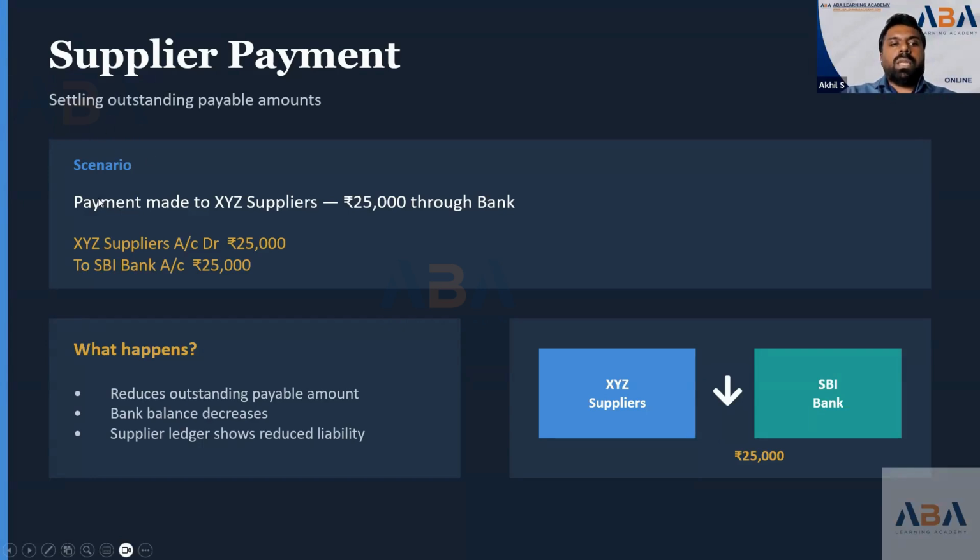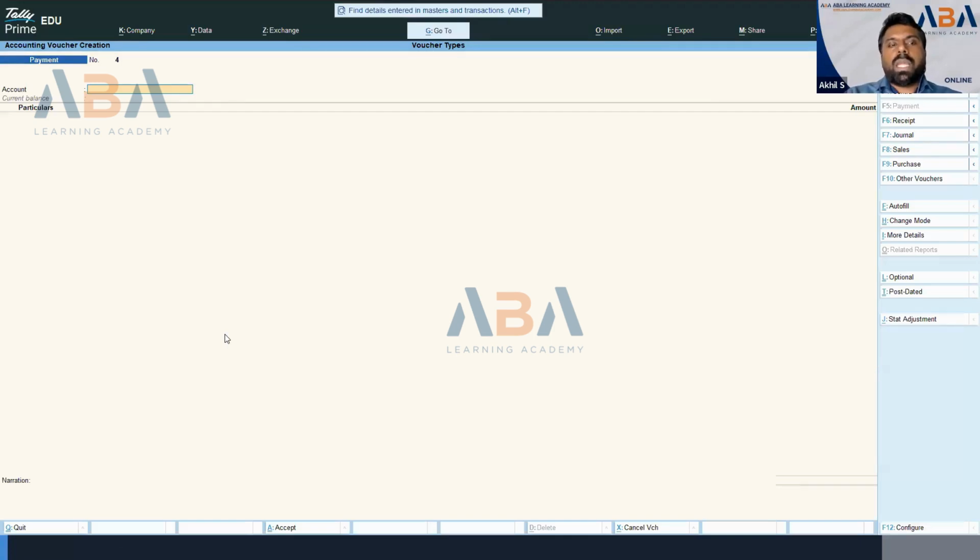We can see here the scenario is payment made to XYZ suppliers, 25,000 through bank. For example, let us assume that XYZ suppliers is our supplier and we are making a payment to settle the outstanding amount. So let us go to payment voucher. Here in the account column, we have to select our bank account.